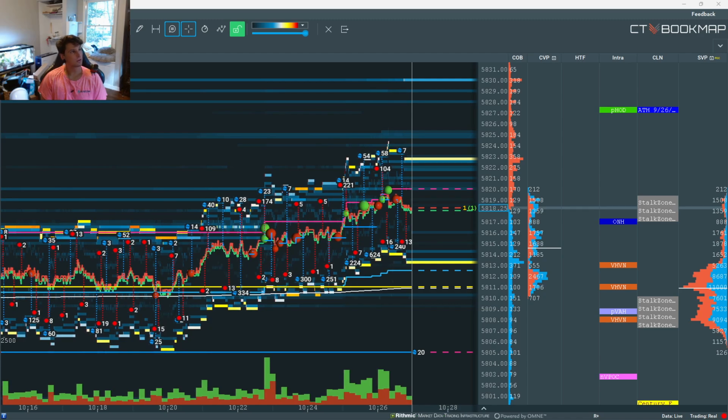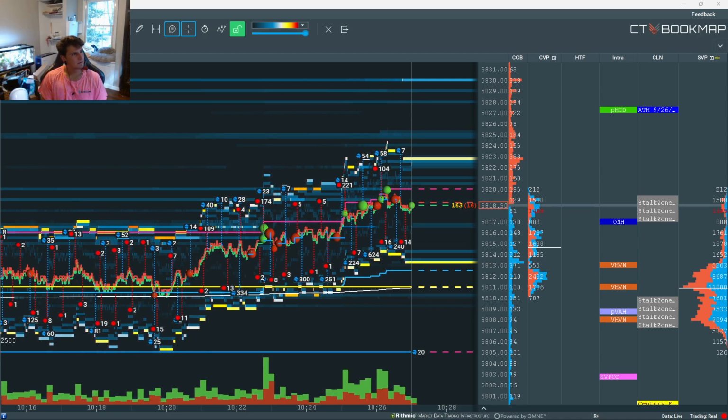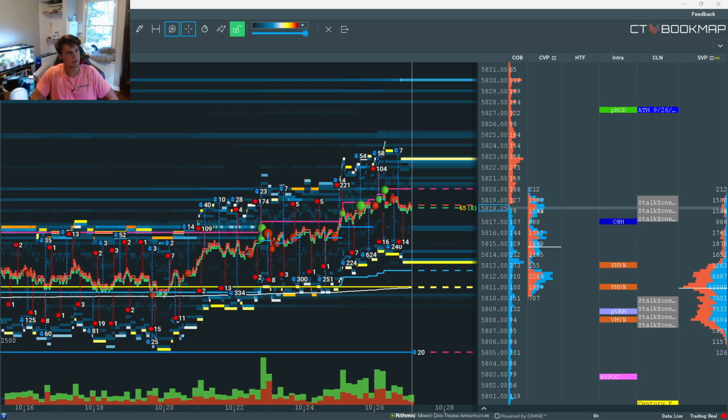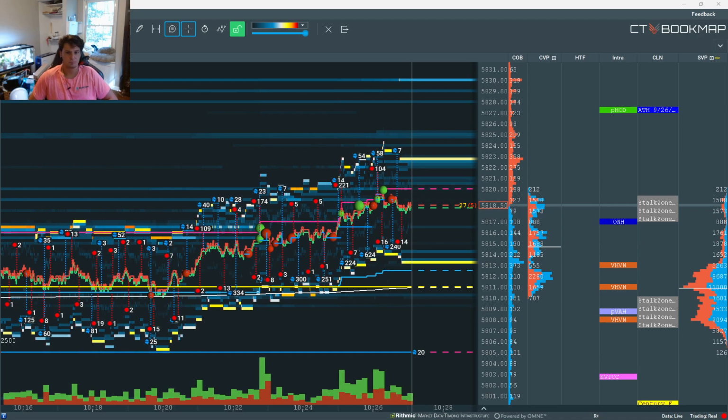Looks like a shorting structure. Yes, okay. Through the overnight high, the 19.5 was my target region in confluence with our zone.